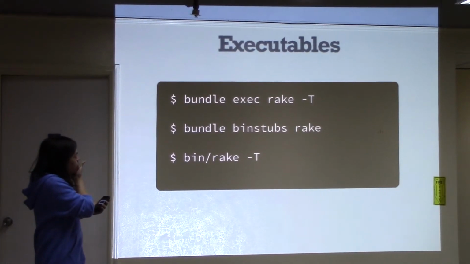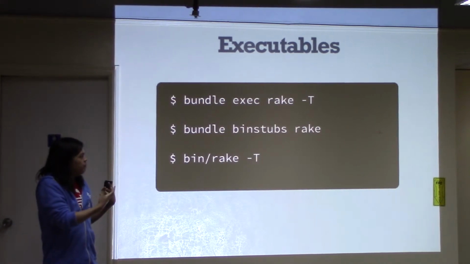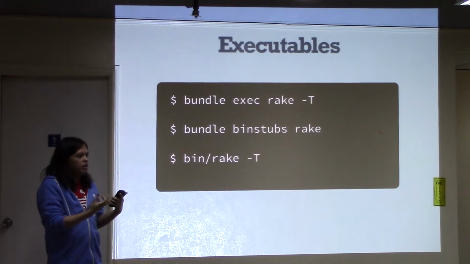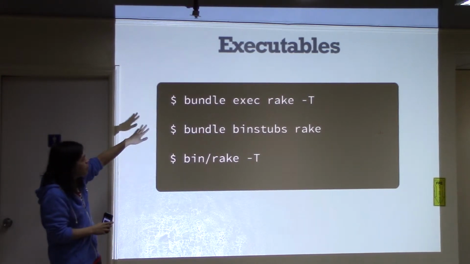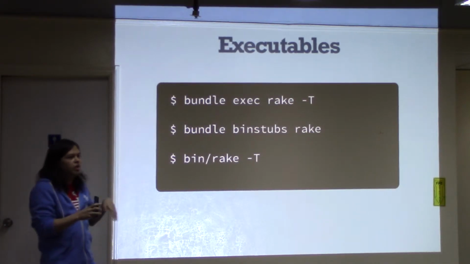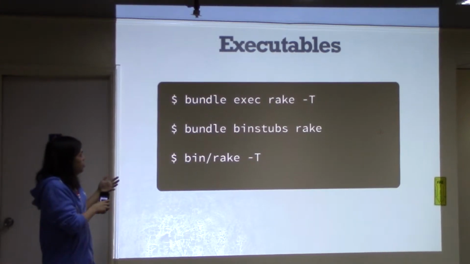So generating bin stubs is basically like a Ruby wrapper. Normally we run bundle exec rake so that it doesn't just run any version of rake, but the rake that's specified in your Gemfile.